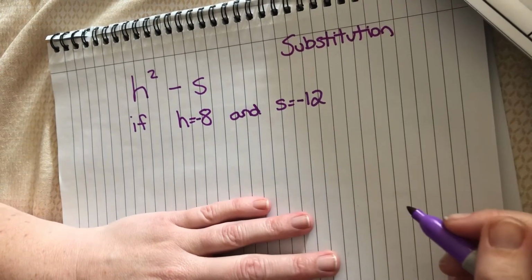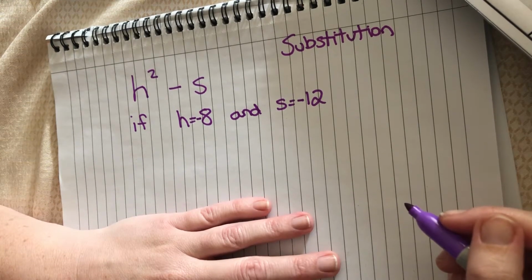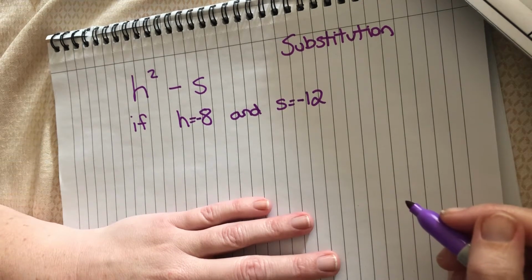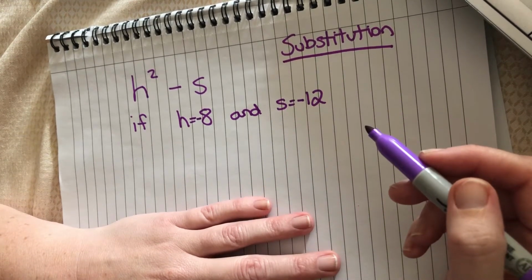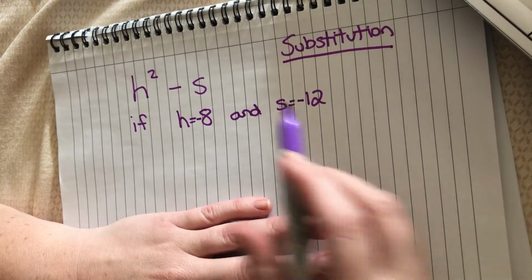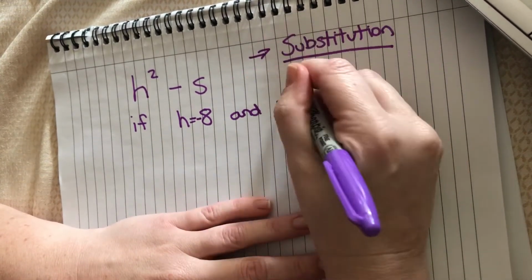All right, so remember that when we do algebra, initially we're using a pronumeral or a letter instead of a number. Once we're given the value of that letter, we can substitute and do our mathematics. So when we're doing this, remember the steps are substitute and then solve.